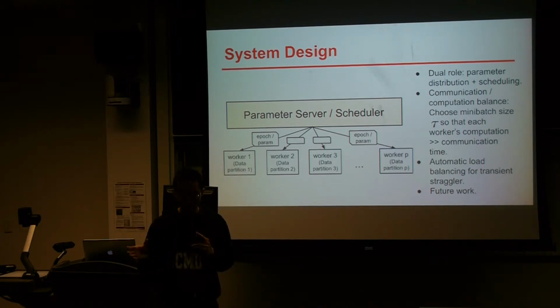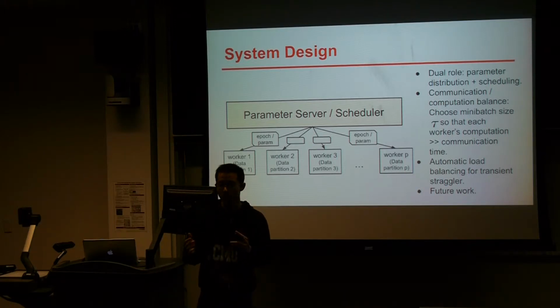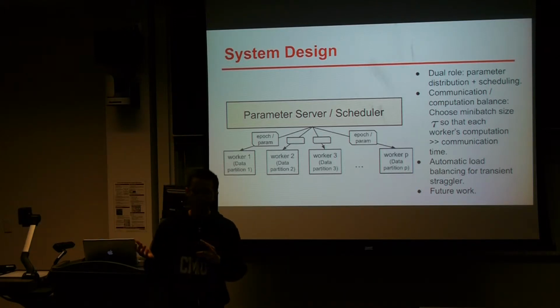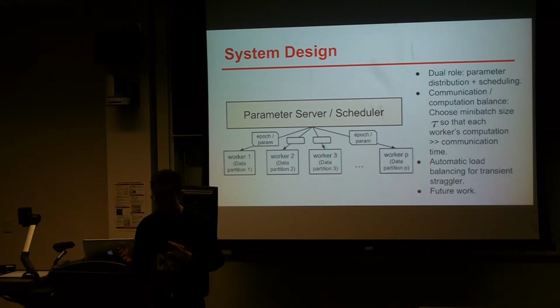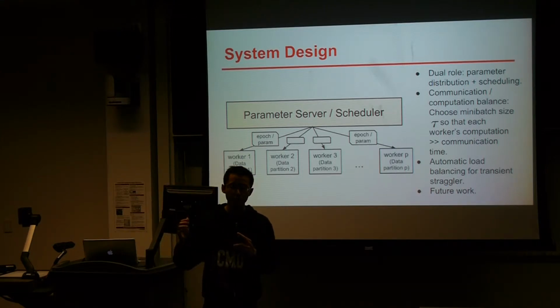Some problems have more complicated subproblems, so you can tolerate smaller parallelism, and each worker can just solve one subproblem that takes a long time. In that case, you can choose a smaller tau. But if you have simple subproblems, then you need a large tau so that each worker solves more subproblems and takes more computation time.